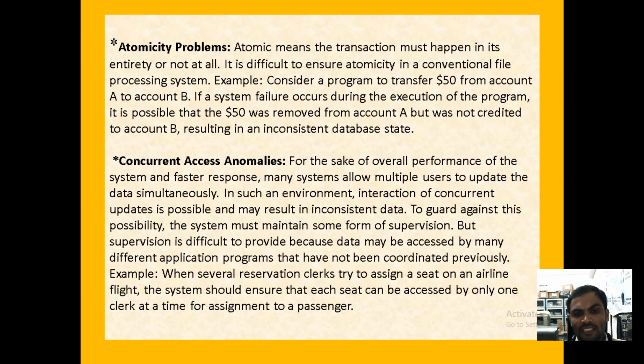If you want to access the information in parallel, it is not suitable under the file processing system. With multiple users updating data simultaneously, interaction of concurrent updates is possible. The result may be inconsistent data.